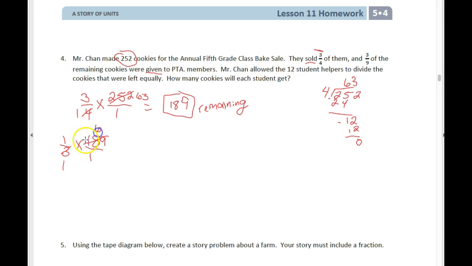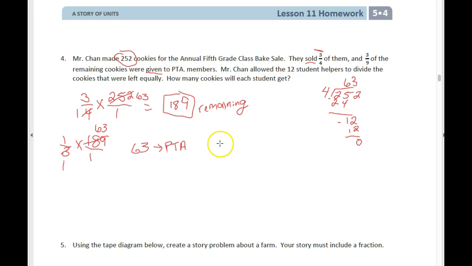That's a 6, and there's nothing left over, so then you're going to drop down your 9. 3 times 3 is 9. And so, in that case, we happen to have 63 cookies. Actually, that's how much were given to PTA. So PTA got 63 cookies out of 189.